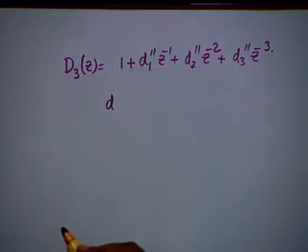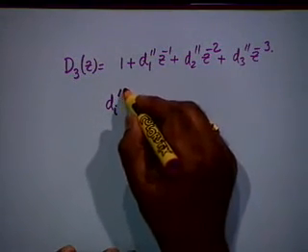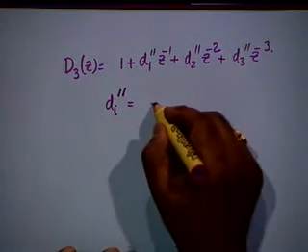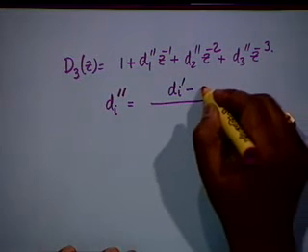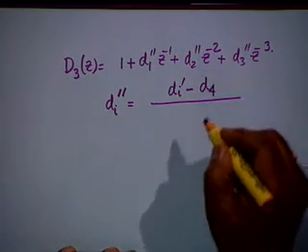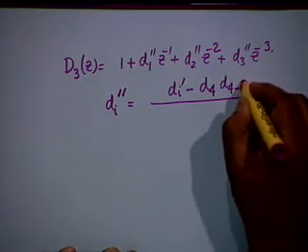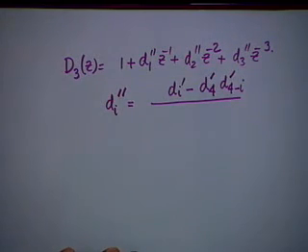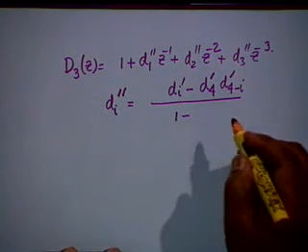I have written correctly, spoken wrongly. And the formula now shall be di double prime, do not confuse, di double prime shall be equal to di prime minus d4 prime minus i prime divided by 1 minus d4 prime squared.